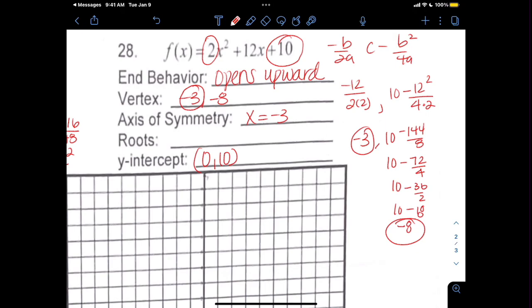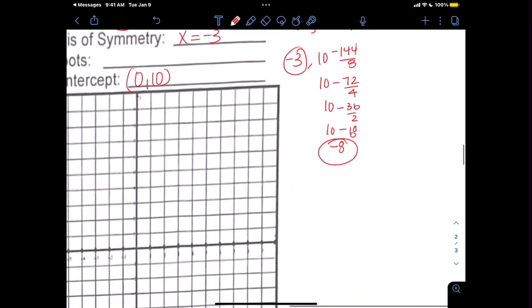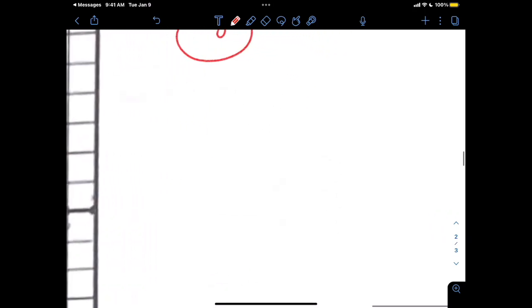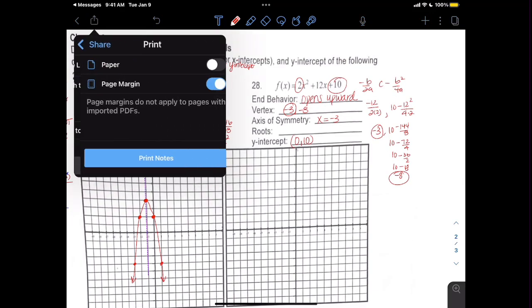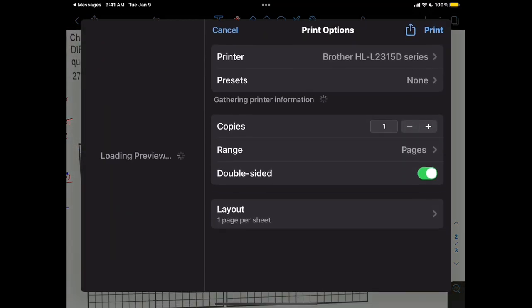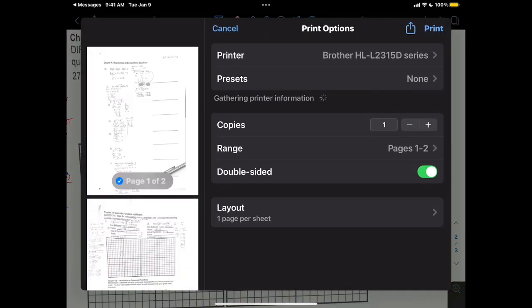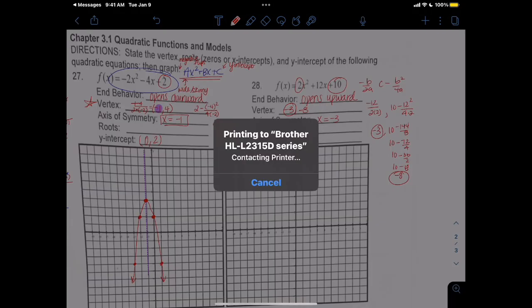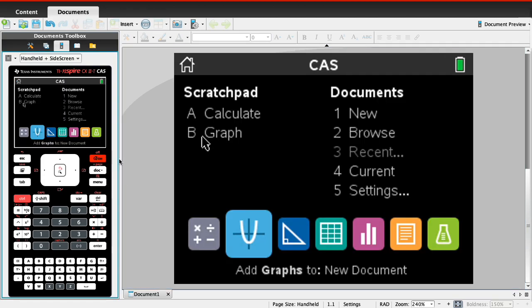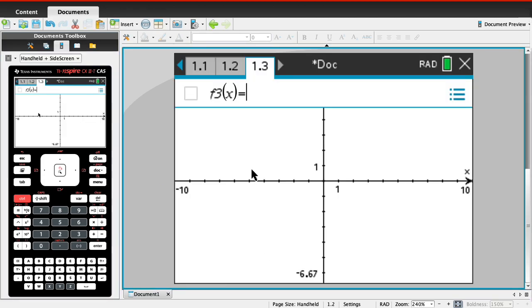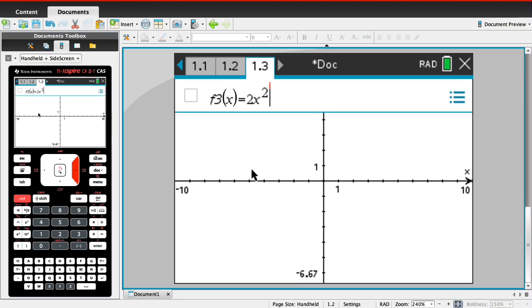I could attempt to factor them. I could use the quadratic equation. So just to cheat a little bit to figure out which one we would need to use, I'm going to type in my equation here.